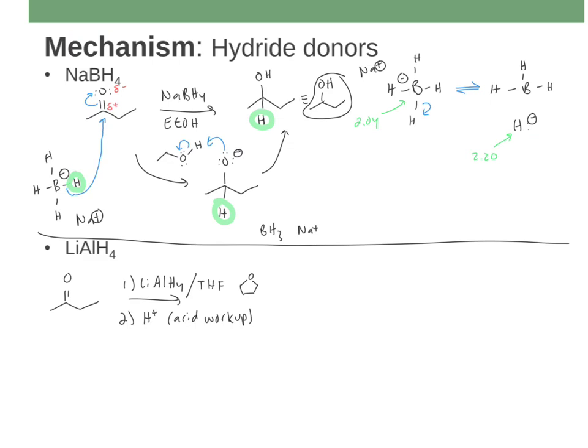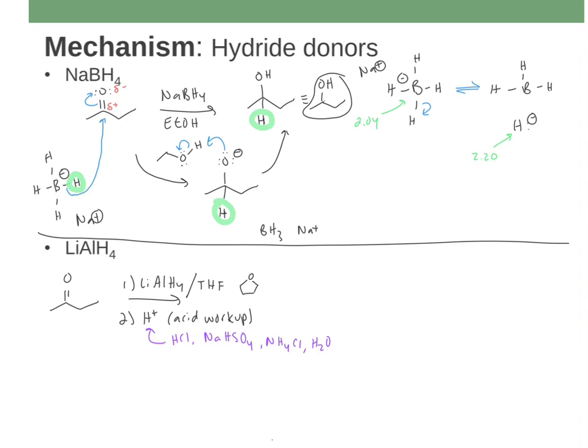This acid could be anything from a little bit of HCl, to something much weaker like sodium bisulfate. It could be ammonium chloride. It could be something as weak as water. Water is used as a workup step. Anything that could possibly give an H plus so you can get your product. That's all you're looking for in step 2.